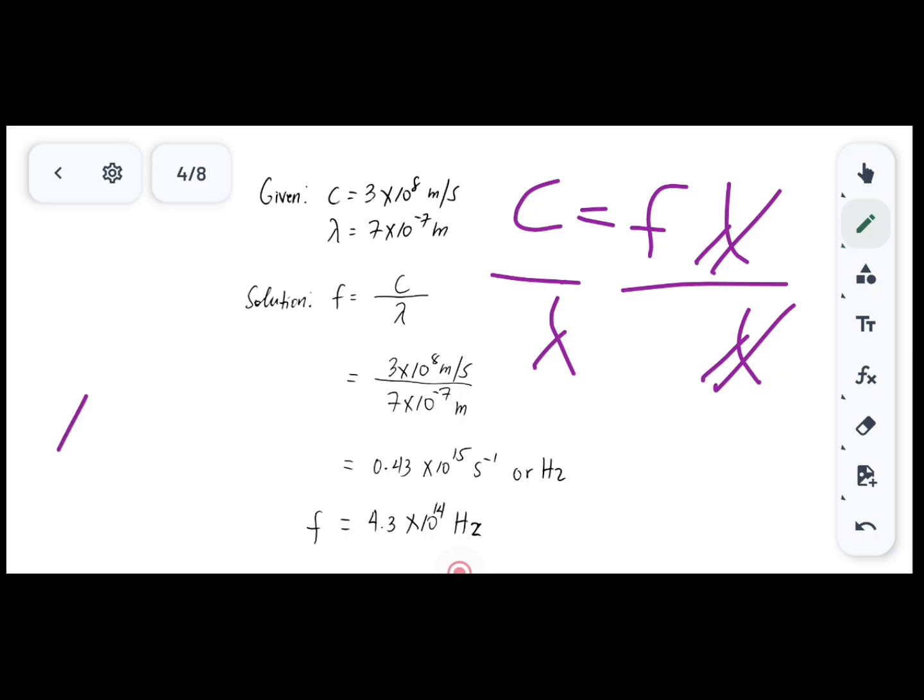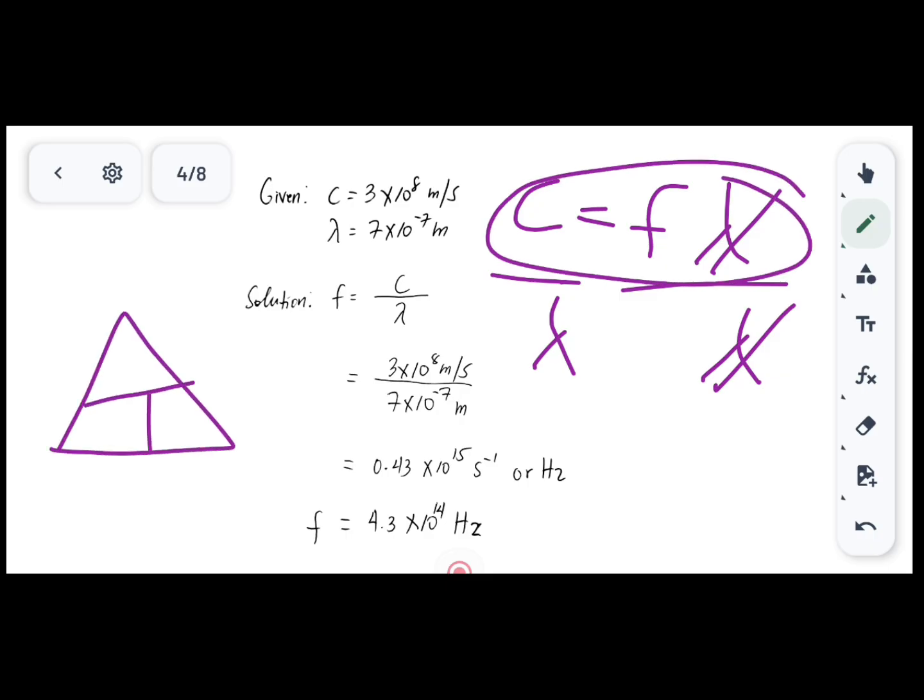Or we might as well use the basic triangle formula here. Earlier we said c equals f multiplied by lambda. Since they are in the same line, that means they are both in either the numerator or the denominator.